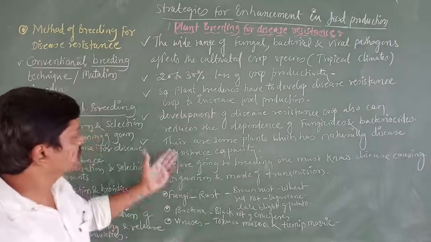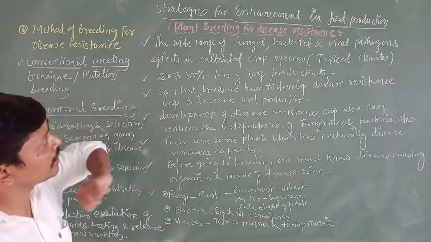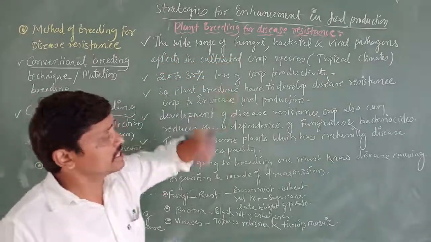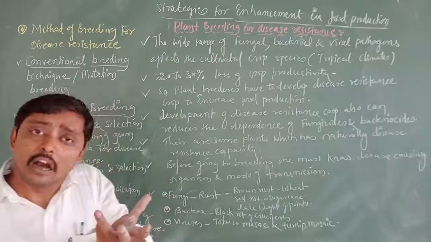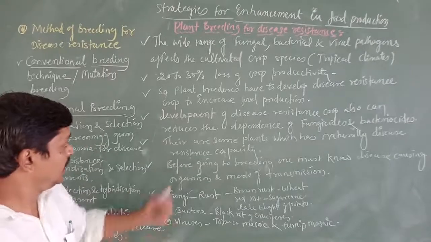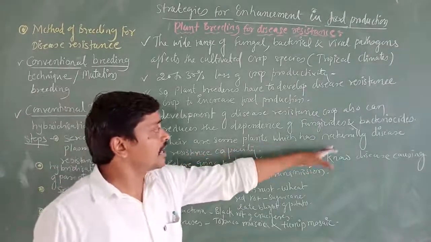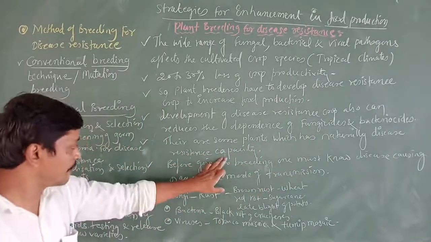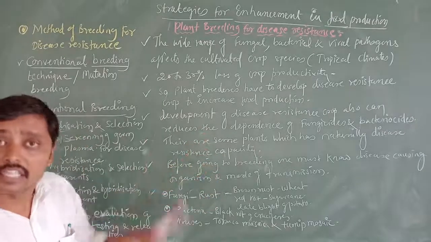Right? Then next, how are we going to go for plant breeding for disease resistance? Already there are some plants which are naturally having disease resistance capacity.